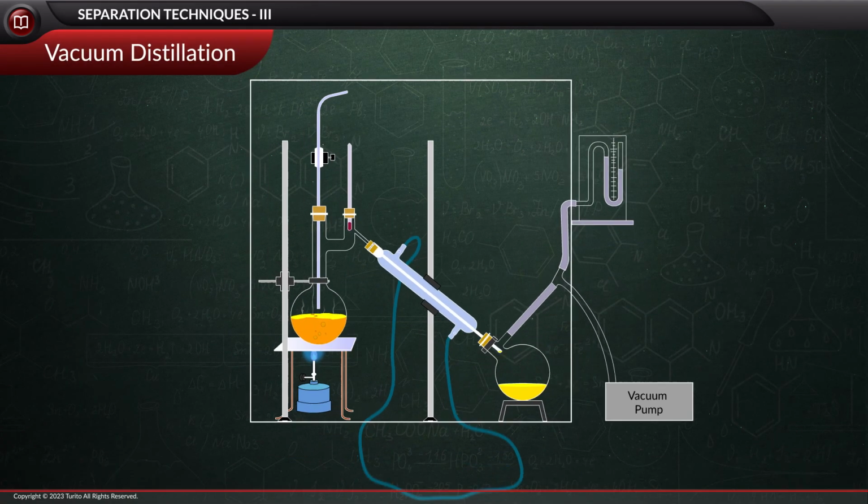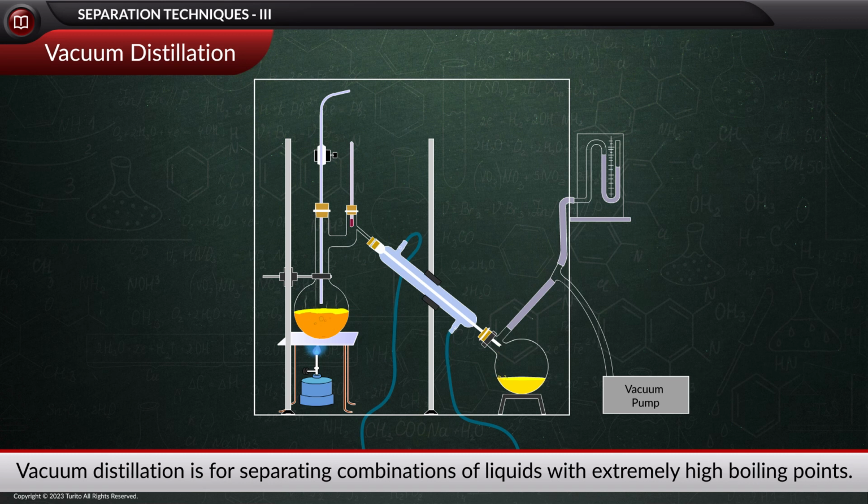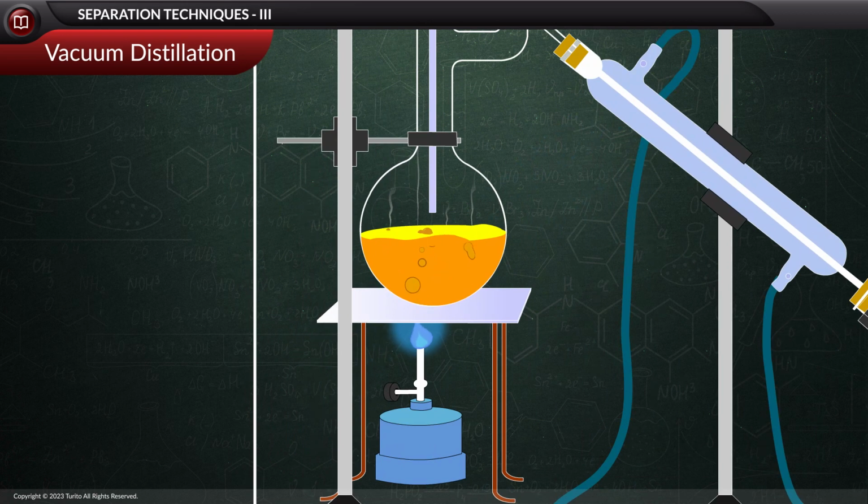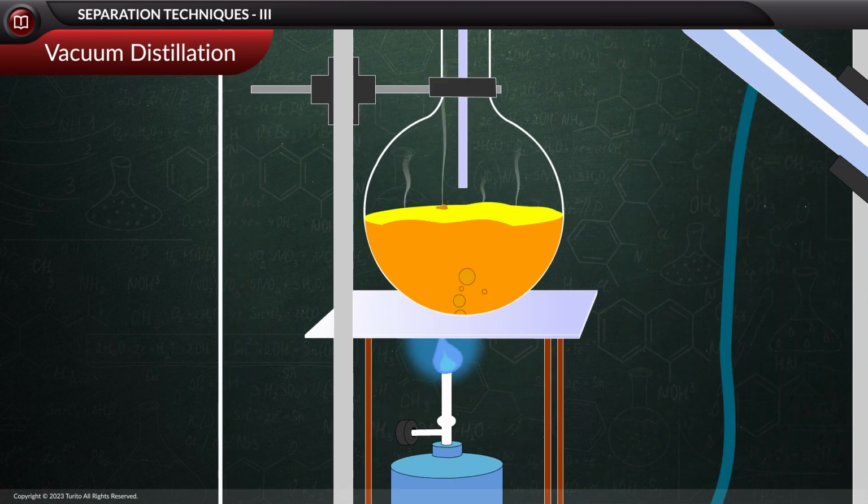Following steam distillation is vacuum distillation, which is for separating combinations of liquids with extremely high boiling points. Heating these chemicals at high temperatures is an ineffective technique. As a result, they are boiled under reduced pressure. This results in the boiling of the components at low temperatures.